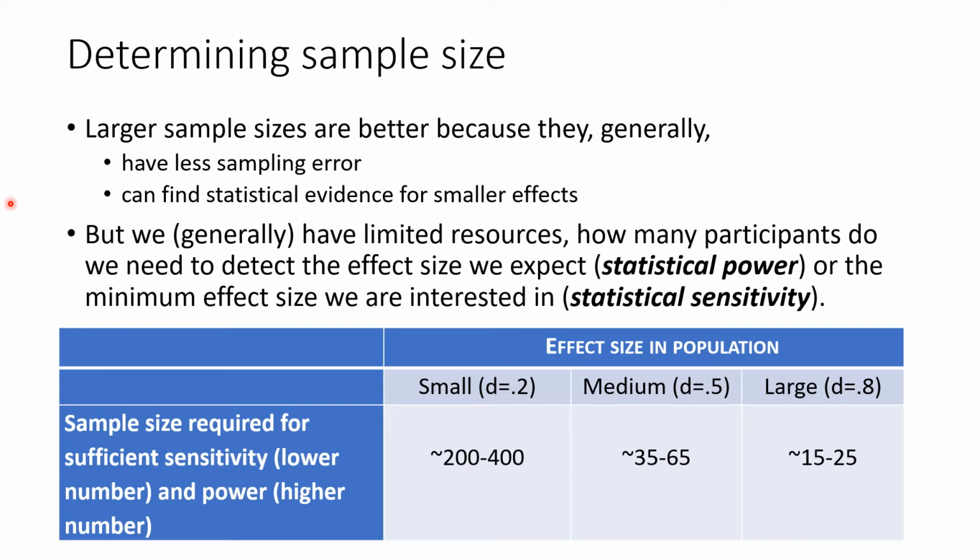Well, let's suppose, by analogy, that you're looking for something in a big pile of junk. You're trying to find something specific. If you're trying to find something very small, it's going to take you more time and perhaps more people to help you find it.